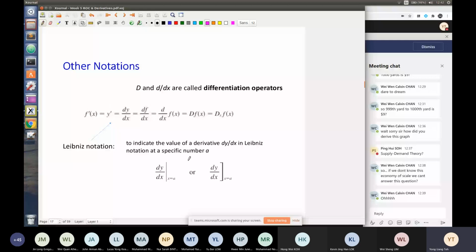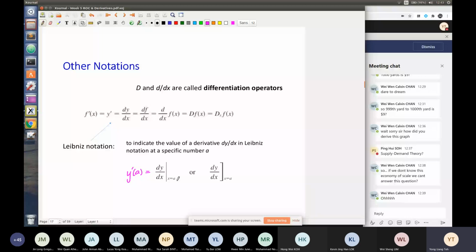Then when you see dy dx with a vertical stroke, where they put x equals a, really this is equivalent to y prime of a. So this is actually the same thing. So y prime of x is dy dx. After you get your dy dx function, you can always find the gradient at any particular x by just substituting that x value.